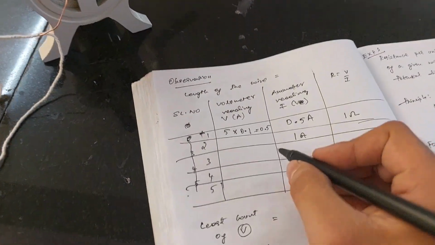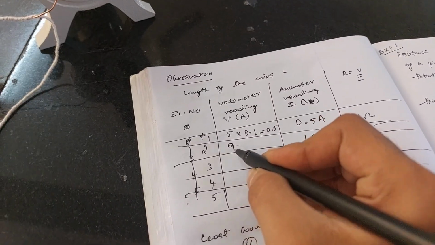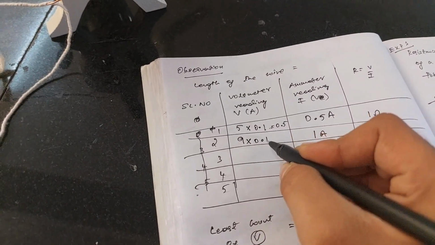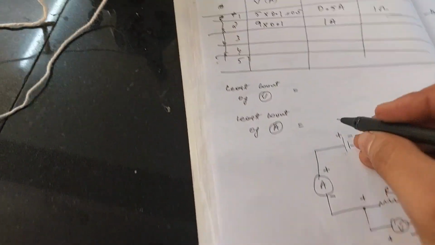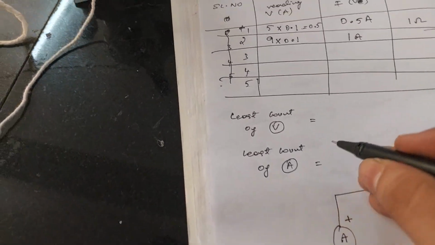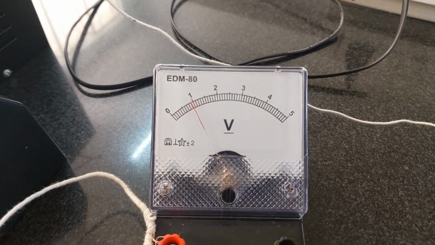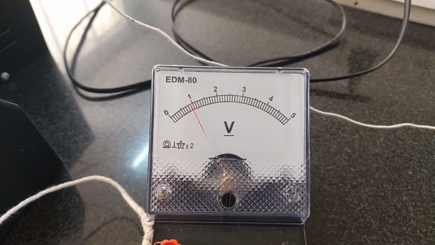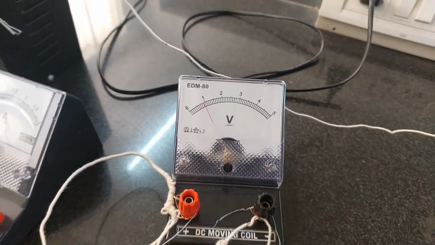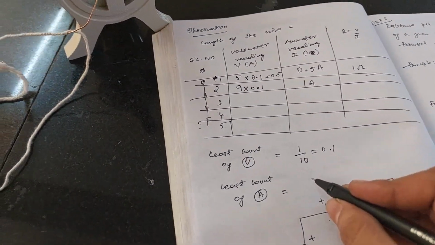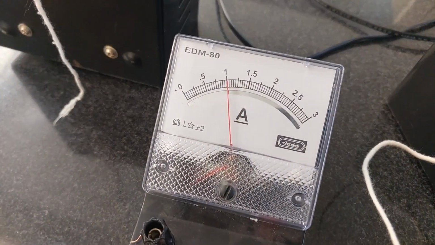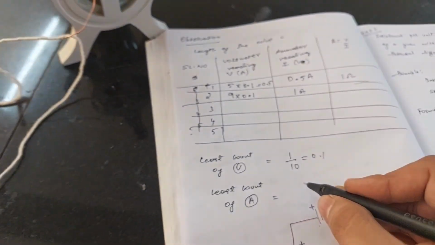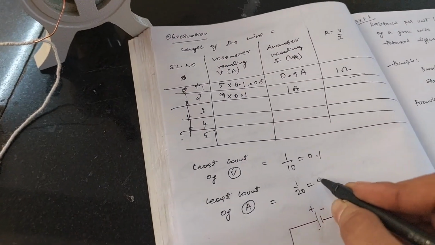So my voltmeter reading would be 9 into the least count of the voltmeter, which is 0.1. Hope you remember why the least count of the voltmeter is 0.1: because I chose the number 1 and there are 10 divisions between 0 and 1. So 1 divided by 10 is 0.1. And for the ammeter, I chose the number 1 again. There are 20 divisions, so the least count is 1 by 20, which is 0.05.